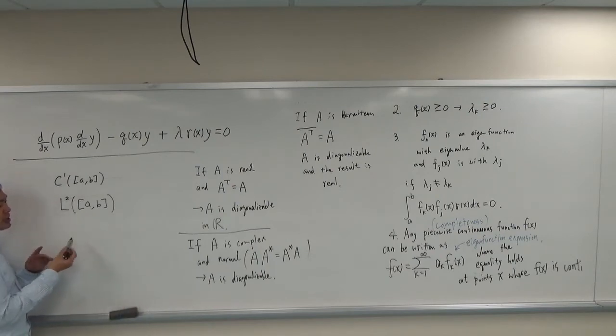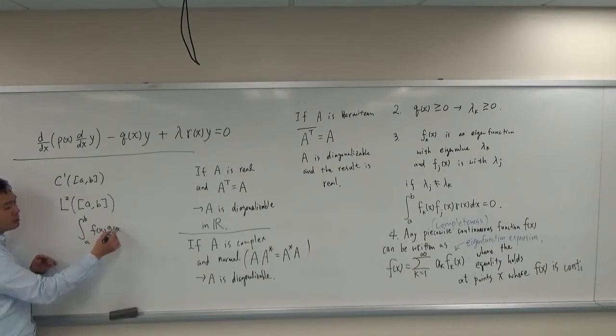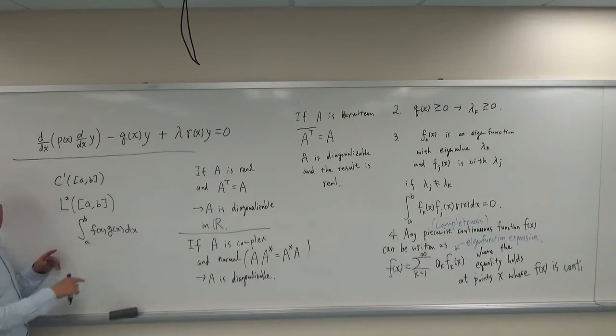By the way, this is slightly better than the previous one because this one has a natural inner product, which is the integral from a to b of, if you have two functions that belong here, f times g. Actually, you can put a bar on g if you want to play in the complex domain. If you do this, it will satisfy all the properties of the inner product. So having an inner product means what?